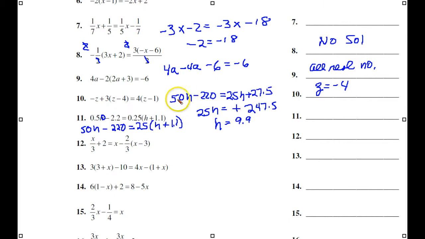So when I distribute all this, I get this. Now I'm going to subtract 25h from here, makes that 0. 25h from there makes that 25h. Add 220 to both sides, I get this. Divide both sides by 25, I get h equals 9.9.